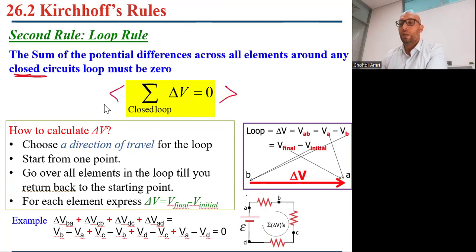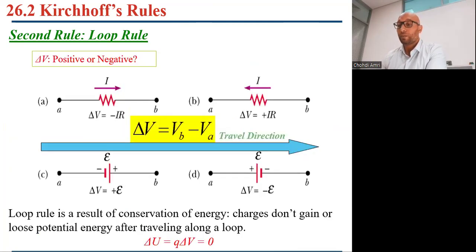As a result, the sum of the potential differences across any closed loop is equal to 0. This is the result of conservation of energy. The charge doesn't gain or lose potential energy after traveling along a loop. So delta V equals 0.